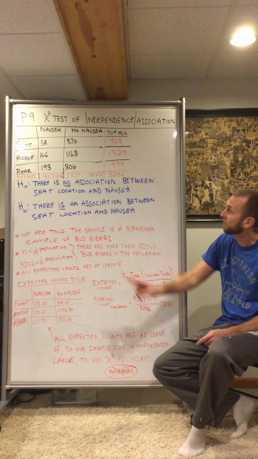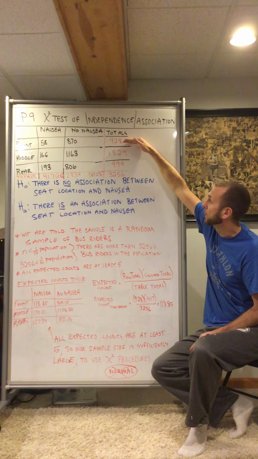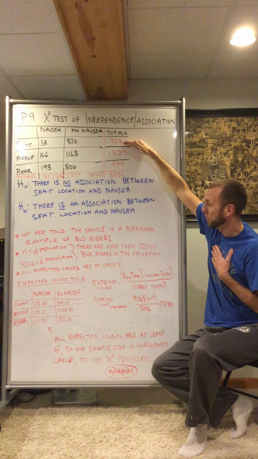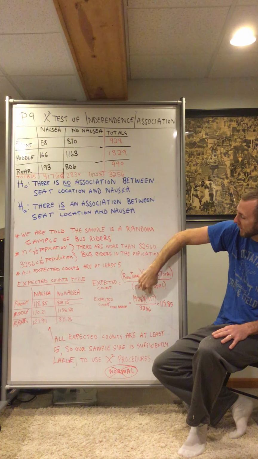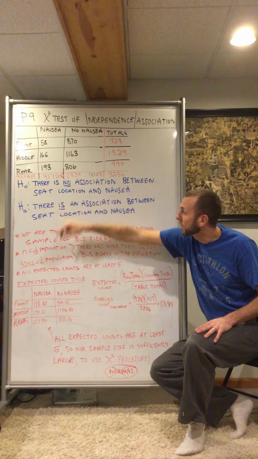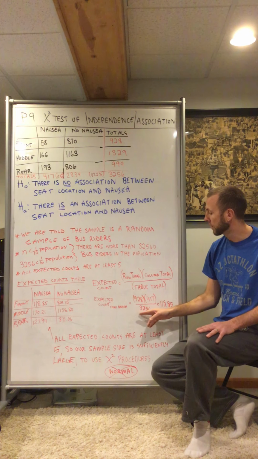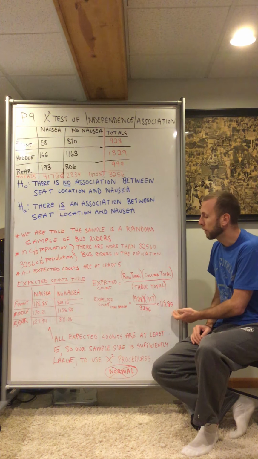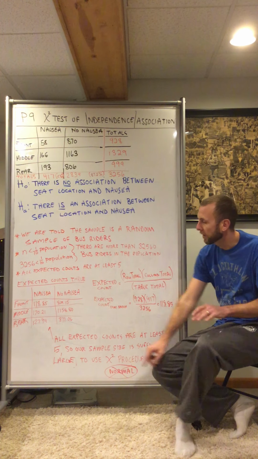So for that upper left cell, we would take the row total, 928, whoa, excuse me, that was lunch, 928, times the column total, which is the 417, divided by the table total, the 3256. And that's how we come up with the expected counts for that first cell to be 118.85.